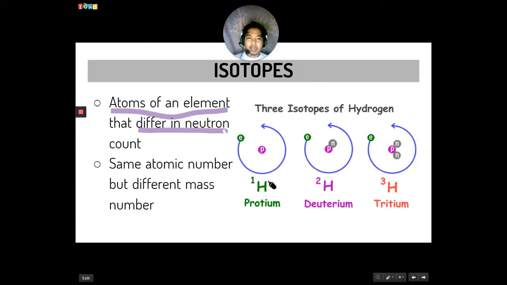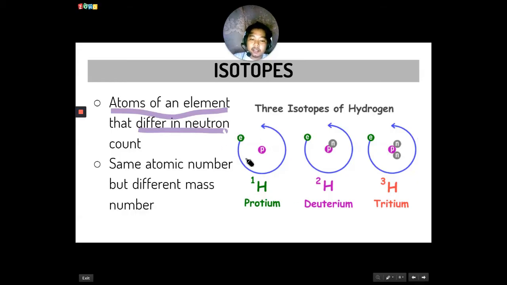Sir, possible ba na walang neutron ang isang atom? Yes. Because the sole purpose of a neutron is to prevent the protons from repelling each other. Sa loob ng nucleus, nagbabanggaan sila. So, parang kailangan nila ng bouncer na, oops, chill ka lang dyan. We have a neutron. However, a hydrogen has 1 proton, so walang mag-aaway sa loob.